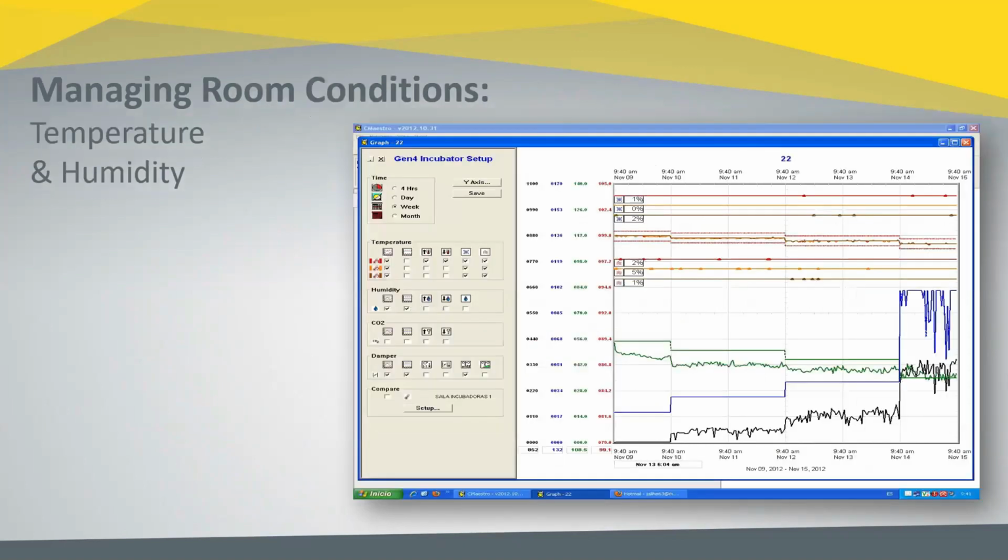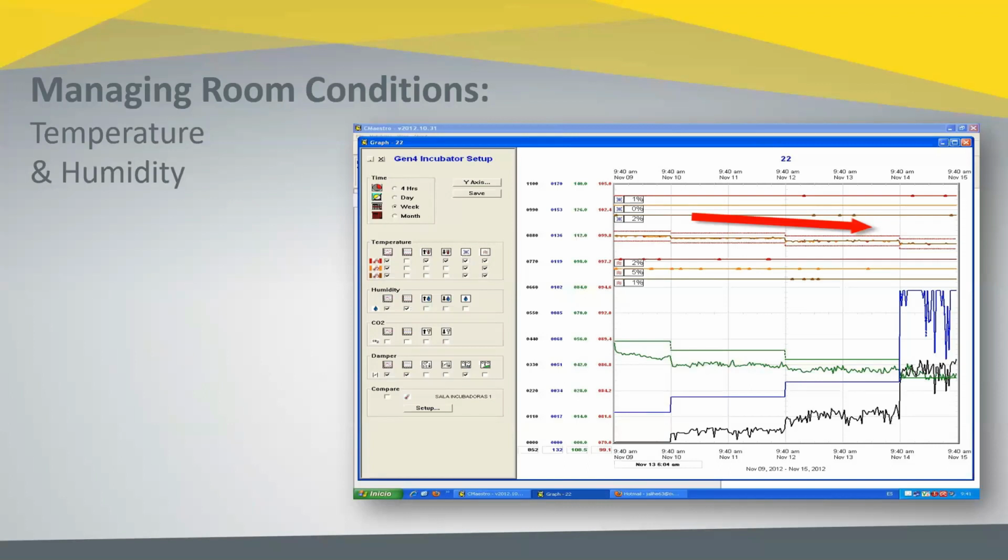When we look at a single stage machine, or an Avida in this particular case, we recognize that the machine starts at a higher temperature and then the temperature stages down as embryonic development continues. And we see that with a continually downward trend.